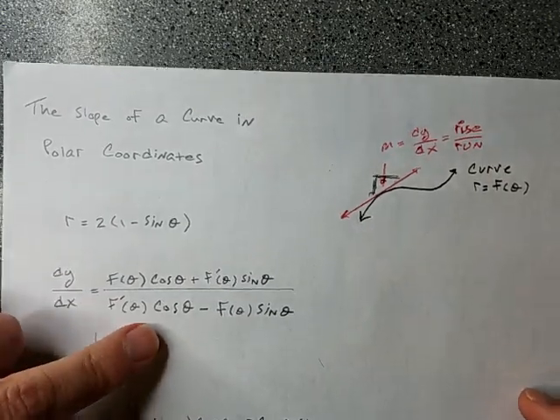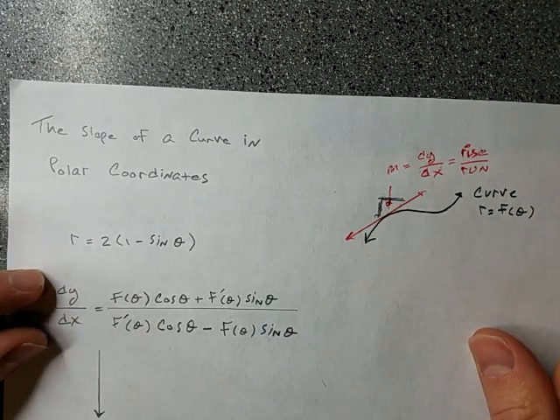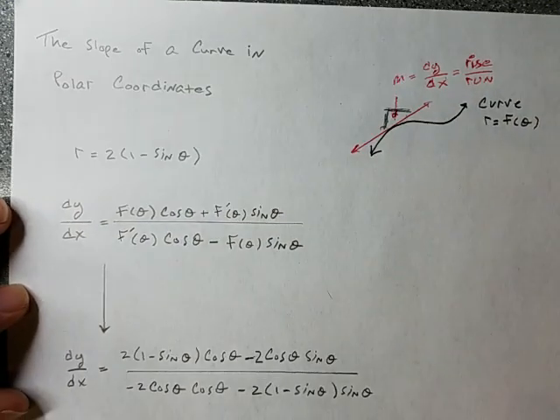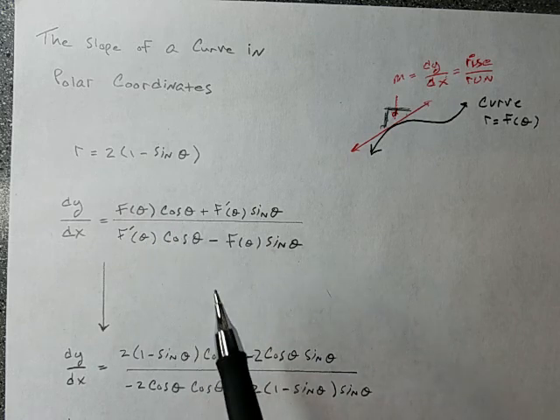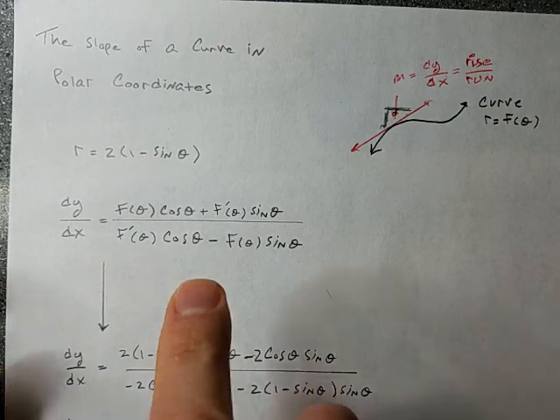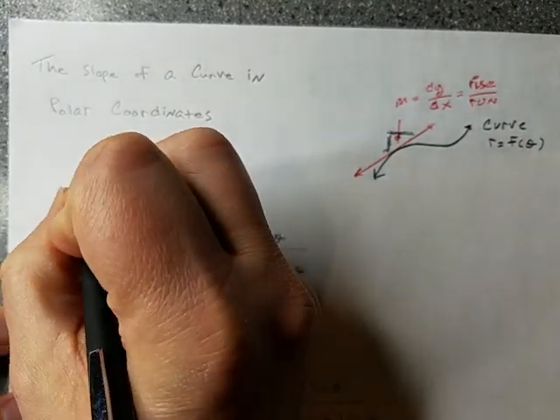So there's our formula to calculate that rise over run. Let's work on just this. Initially, what I get is f of theta cosine theta, f prime theta sine theta, all with respect to this being f of theta.